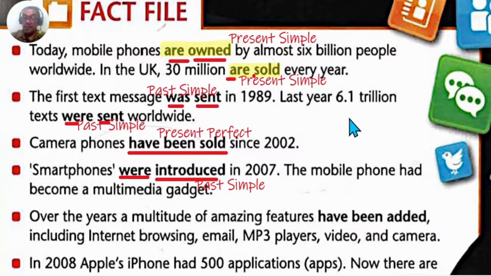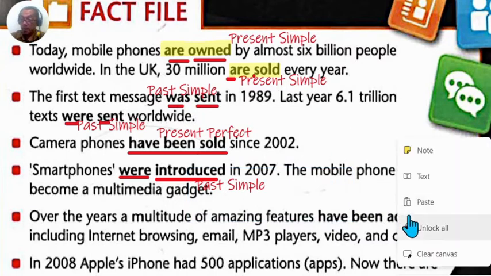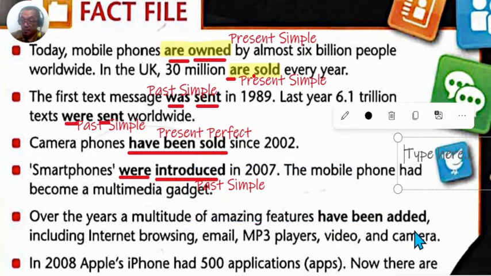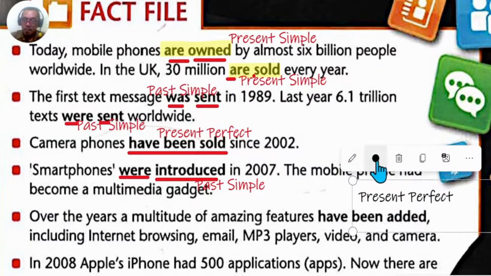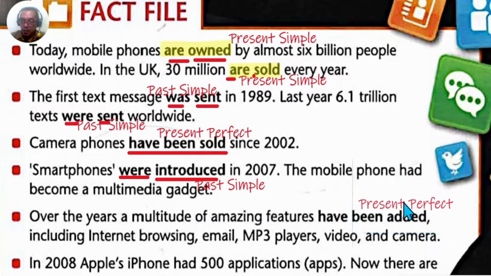Yeah, this is the present perfect passive voice. Because why? There is the have, the to be, been, and the verb 3 added.